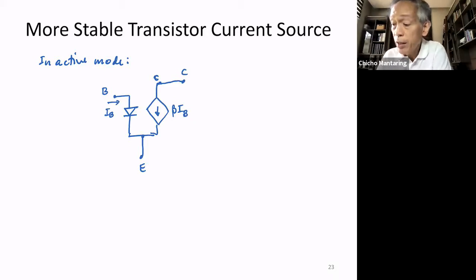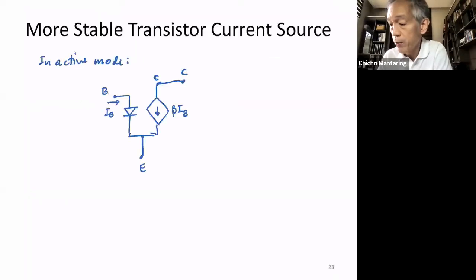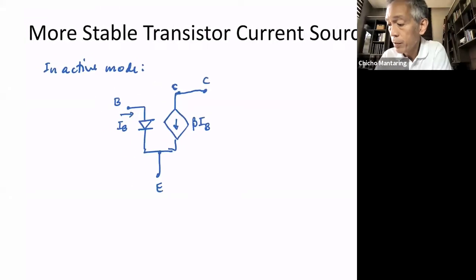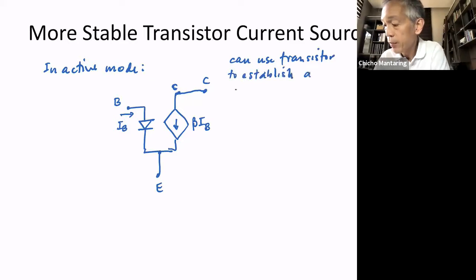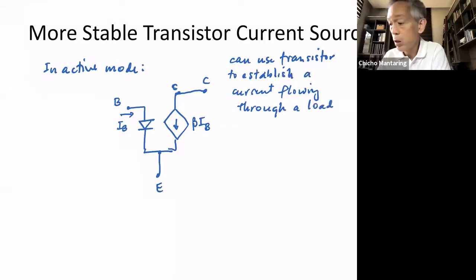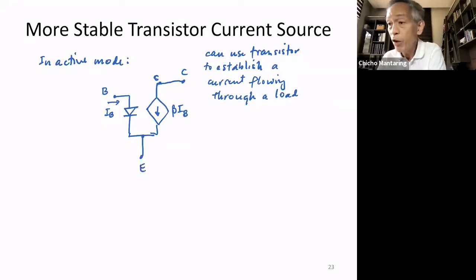In other words, I can use the transistor to establish the value of a current that is flowing through a load. And what will my circuit look like?